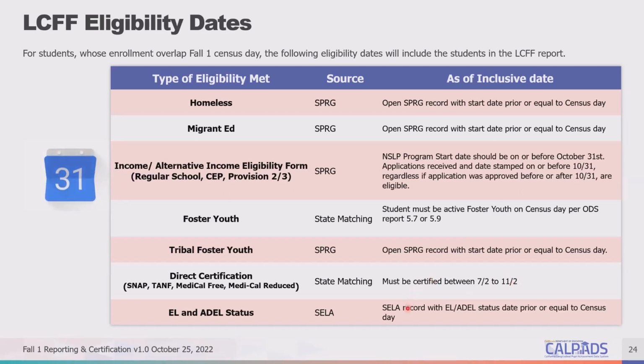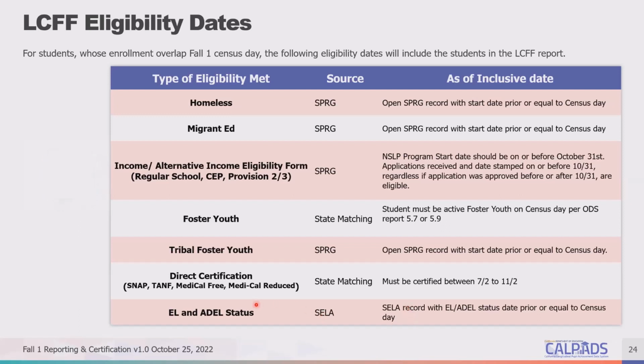And then, of course, any student whose EL status is on or before 10/5/2022 is included. So anyone who is still EL this year from prior testing years, and students who just tested this year and completed the test before 10/5, are included.